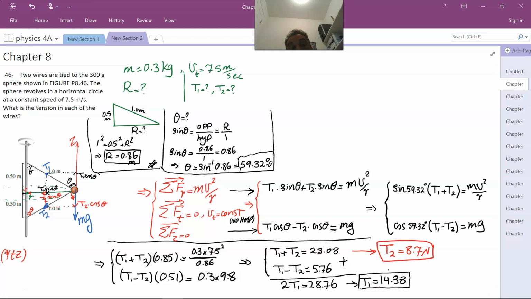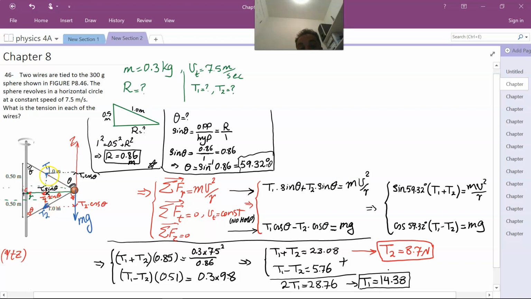So what we see here, guys, the lengths of the strings are the same. The distance from the center to the strings is the same, 0.5, 0.5, length is 1. But we see tensions are different. It's completely obvious that the tension on the top string will be more than this one.